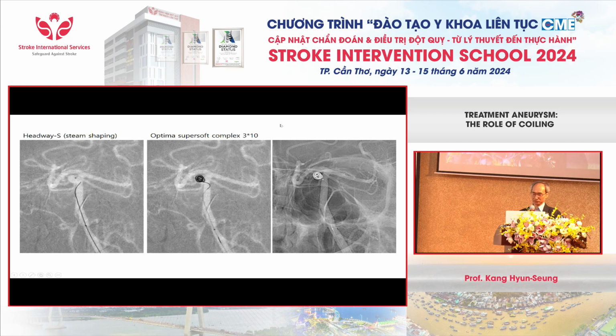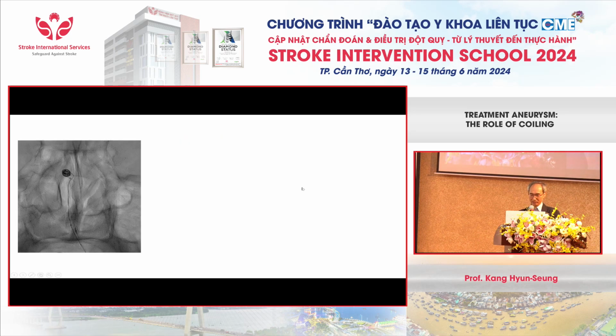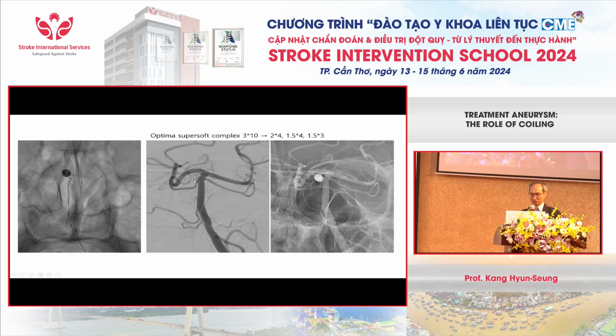We love to use long coils as a frame coil, and with various attempts, we could make this frame. We can see the branch is clearly saved with the frame coil. Then we introduced another microcatheter to give more packing. So this was what we achieved at the end.